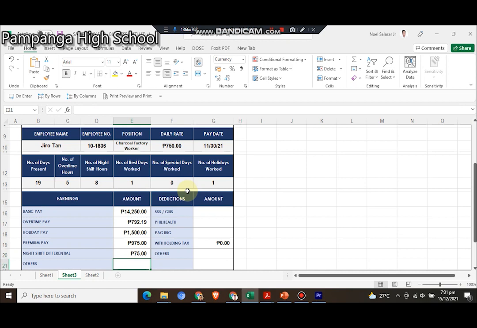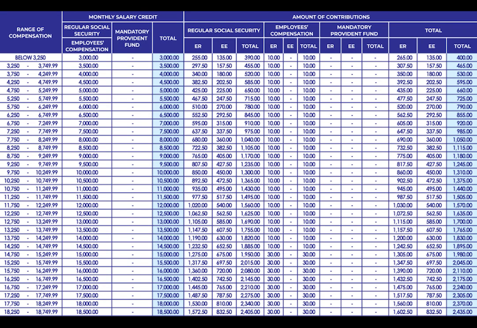Here, we will be using the SSS and PhilHealth table for the year 2021. For SSS, the amount of contribution is based on the table released and updated by SSS. Here is the latest table of SSS. All you have to do is locate on what row the gross salary of the employee belongs to in the range of compensation column and determine the corresponding amount in the total contribution, which is the EE share column.